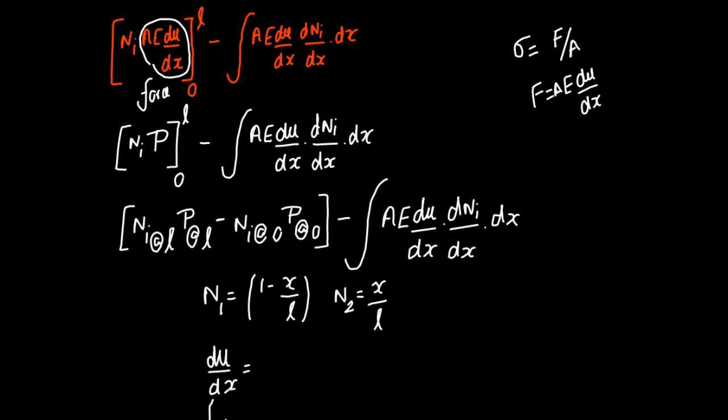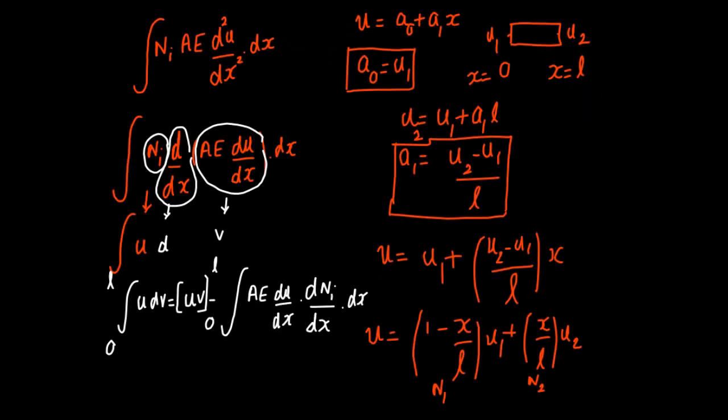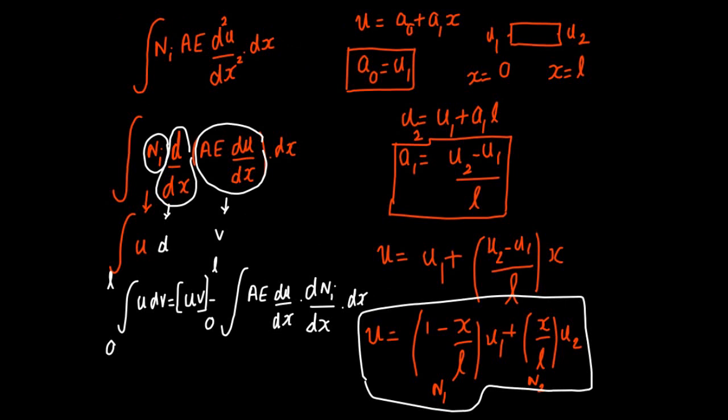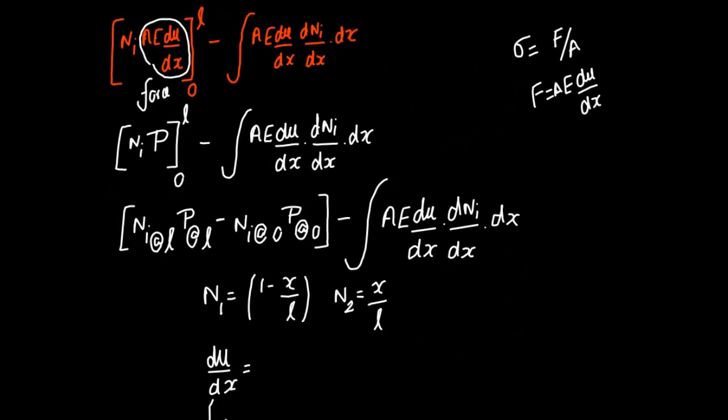If you differentiate this equation, you simply get u2 minus u1 divided by L. So I know du over dx is u2 minus u1 over L. And what is dN1 over dx?